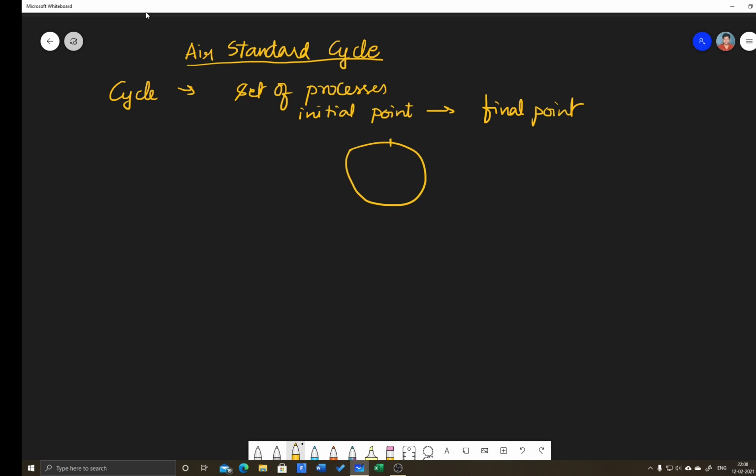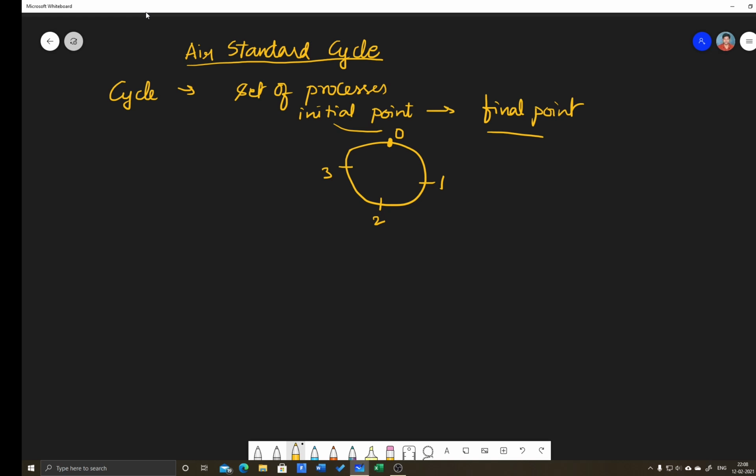Suppose a circle starts from this point 0. It goes through point 1, point 2, point 3, and then it has to return back to 0. This is a cycle. Here the properties at initial point and final point are same. Then we can say it is undergoing a cycle.